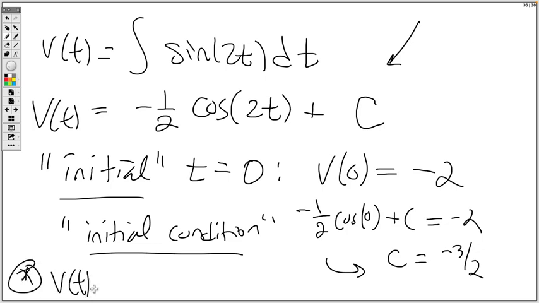So our velocity function is now -1/2 cosine of 2t minus 3/2. And the way you would check your answer is you could take the derivative to show that you get sine of 2t for the acceleration. You can plug 0 into this to show that you get -2 for the velocity. Make sense or not?